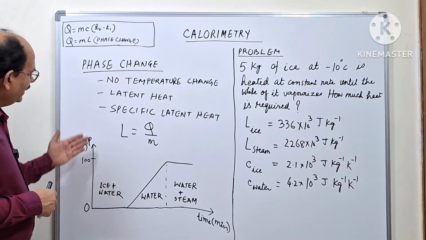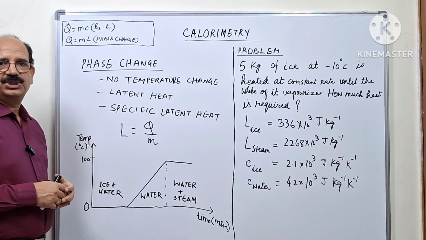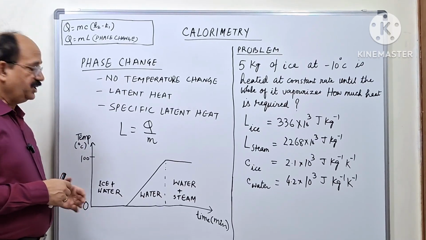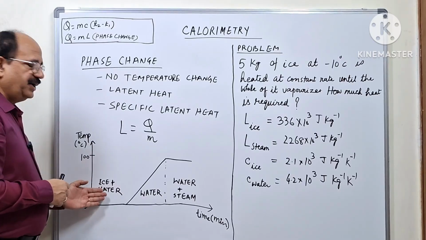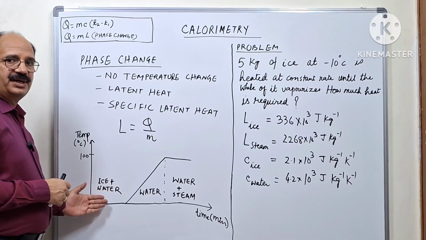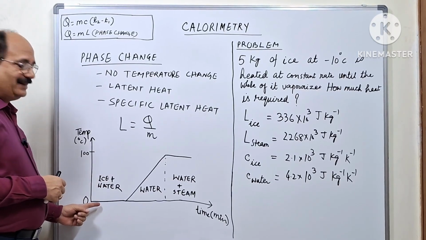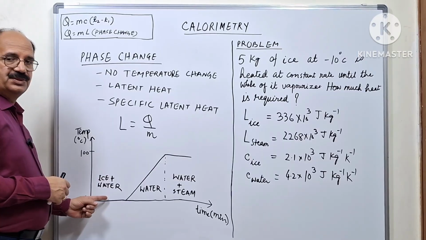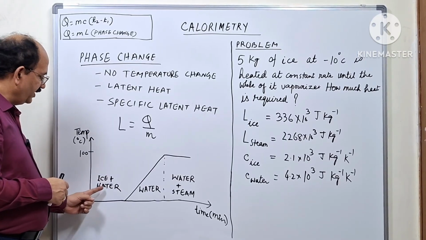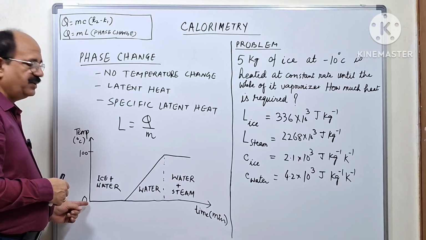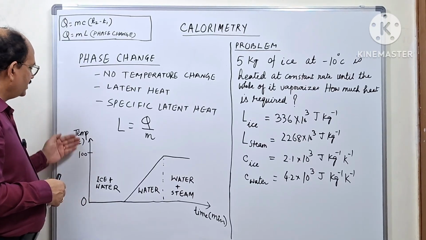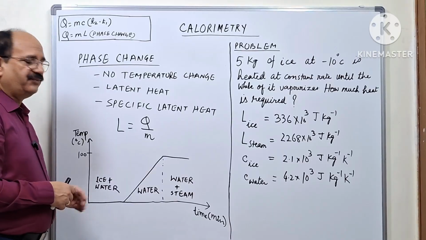Let's try understanding the same concept of the phase change and no temperature change with this graph. If there is an ice and we want to convert that into water, we'll keep supplying heat to this combination, but there won't be any change in temperature. It will be at 0 degrees Celsius. This is a temperature time graph.